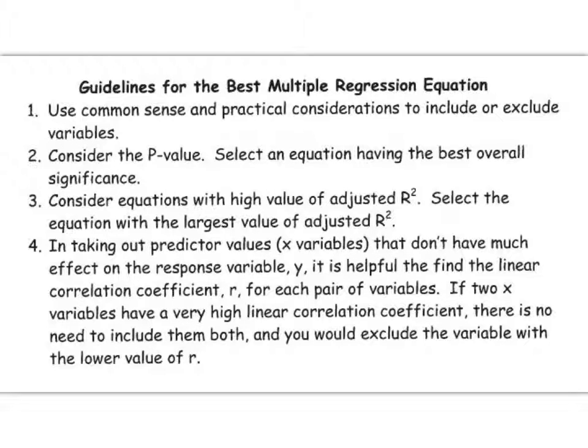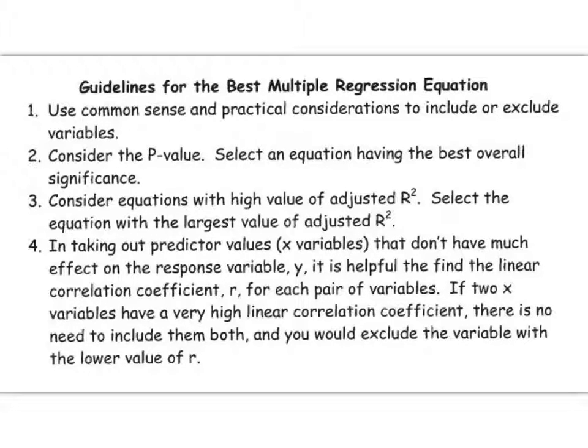Once we have our printout, we're going to consider the p-value, and we're going to have an equation that has the best overall significance. We're going to consider equations with a high value of the adjusted r squared, and we're going to pick the equation that has the largest r squared.